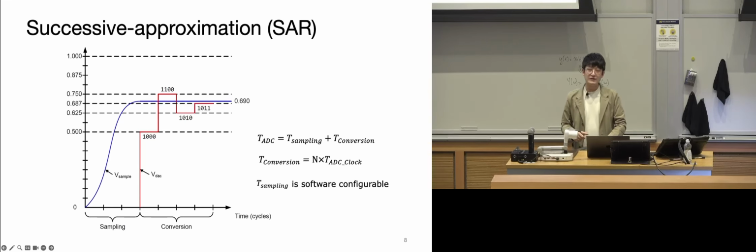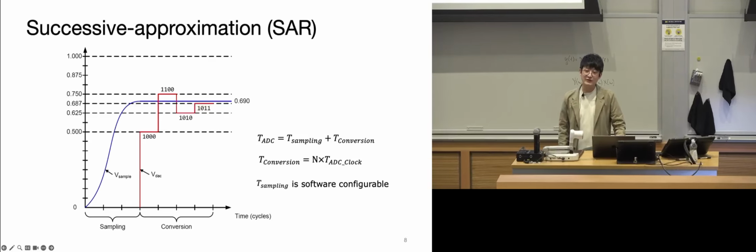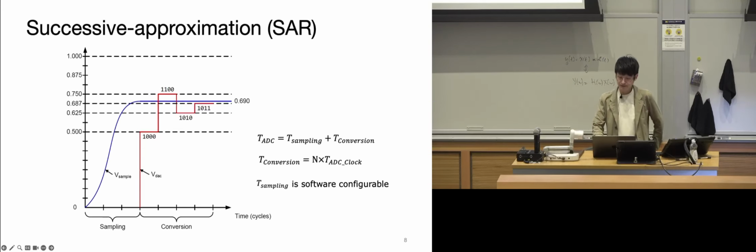For sensors that take maybe only nanoseconds to settle, you can select a shorter number of sampling cycles. If for whatever reason it takes a long time to get stable, then you can use longer sampling cycles.